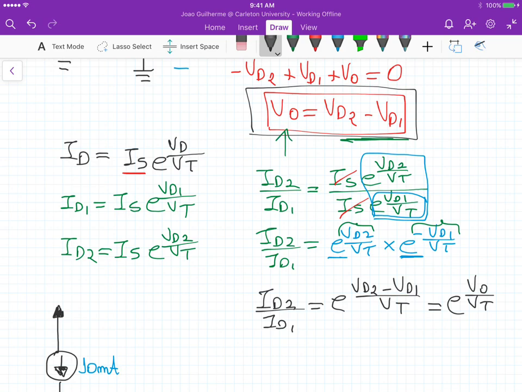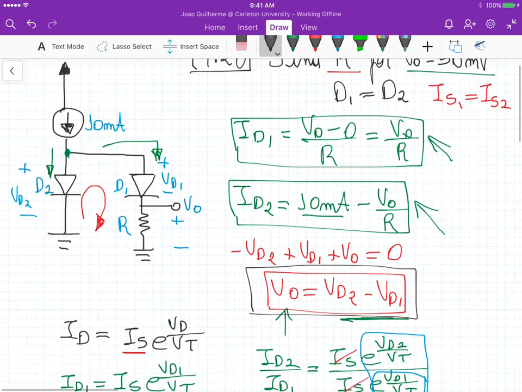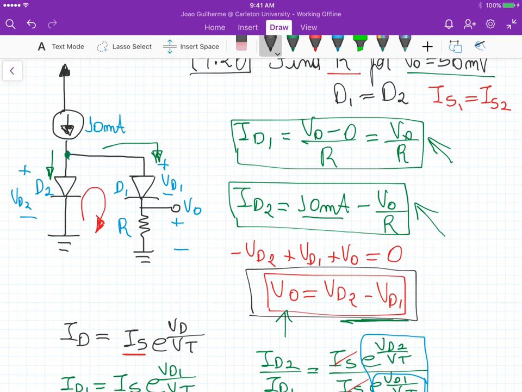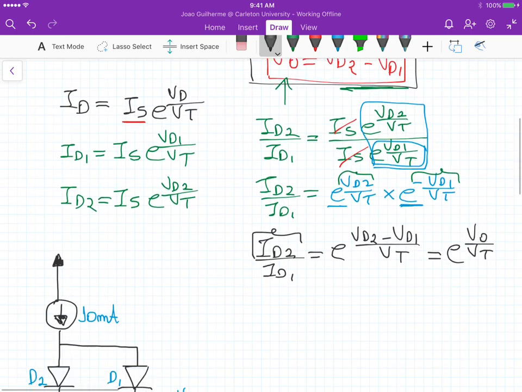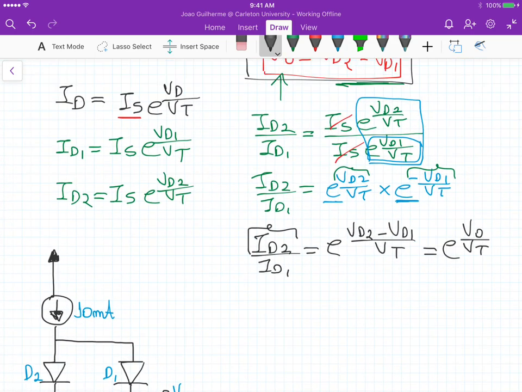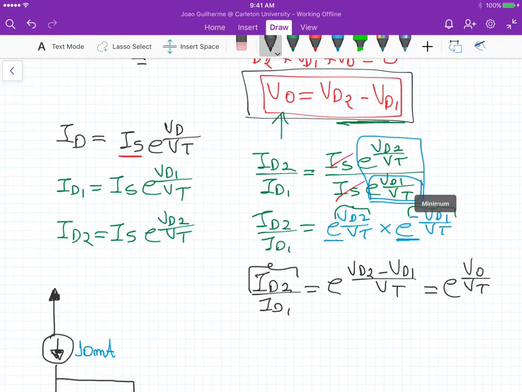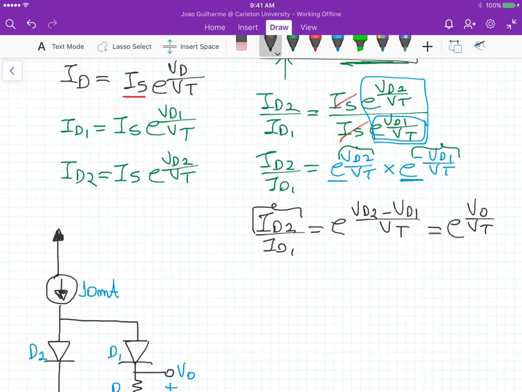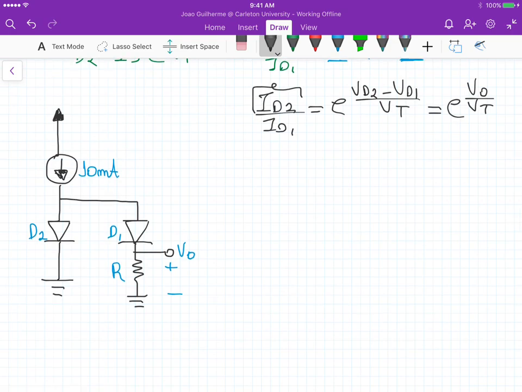Remember the first two equations that we got from the circuit analysis, the equations for ID1 and for ID2? If we take those ratios, we have an equation that depends on R, the 10 milliamps that we know, and V0. So let's write that equation.